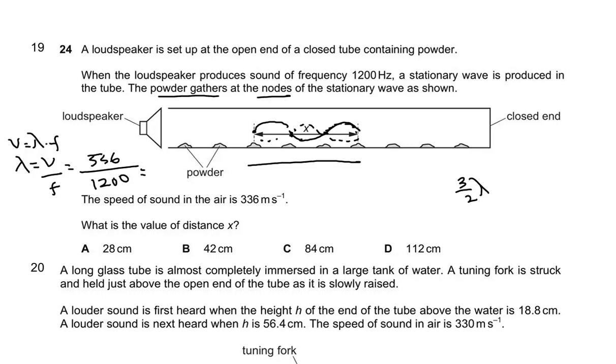It equals 0.28 meter. So 3/2 times 0.28 equals 0.42 meter, or 42 centimeter. So the answer is B.